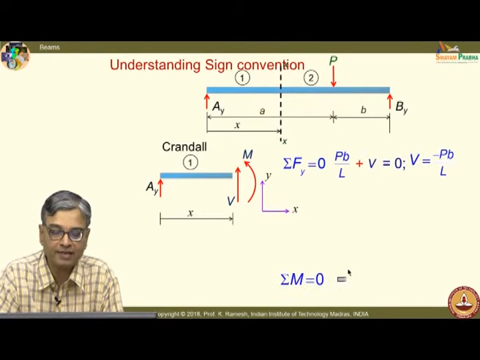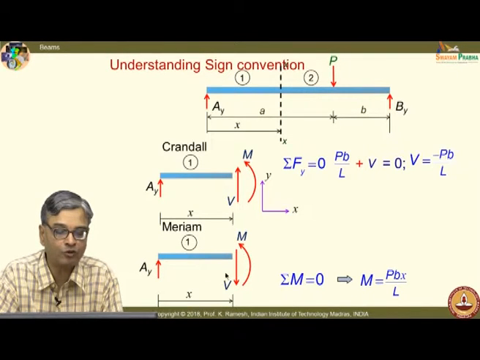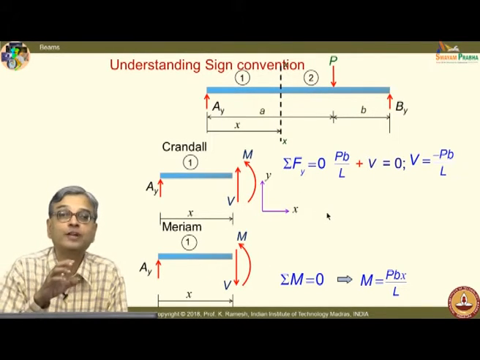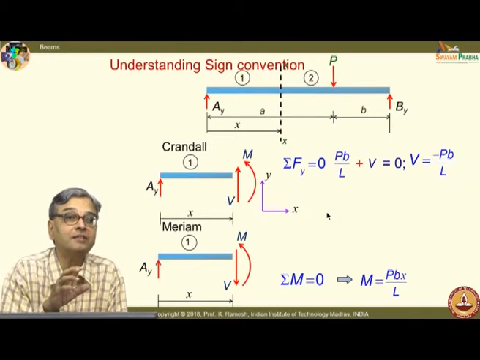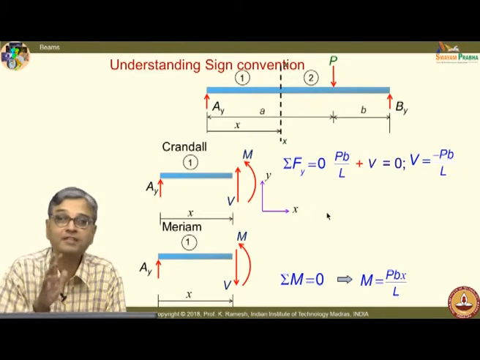So, I am going to write this as M equal to Pbx by L. Now, let me take the Merriam sign convention. I would have the force acting downwards. When I write sigma Fy equal to 0, should I put V as positive or negative? This confusion can come.